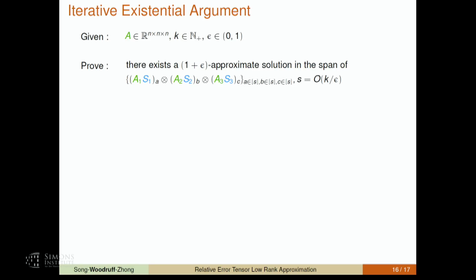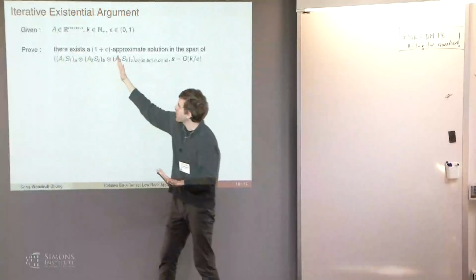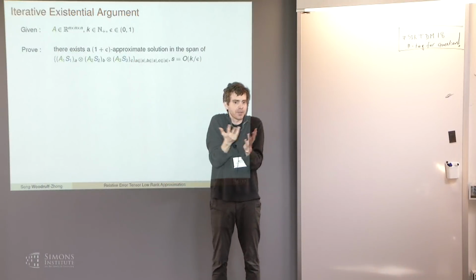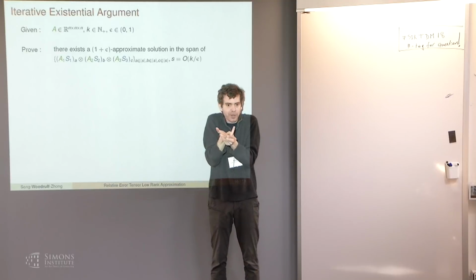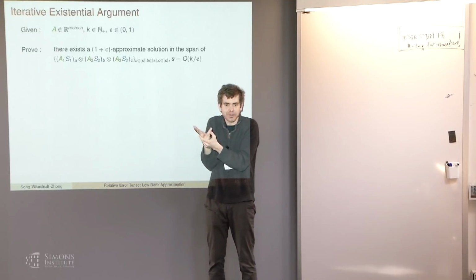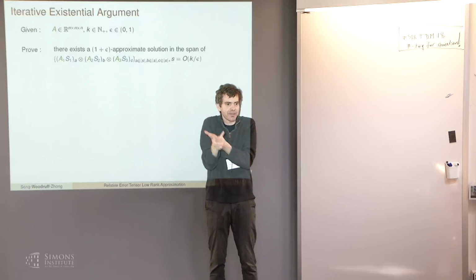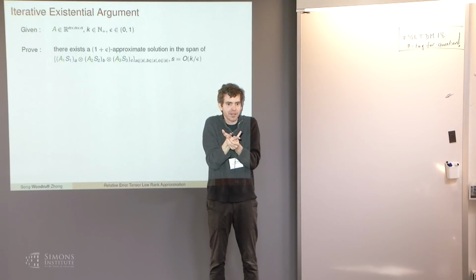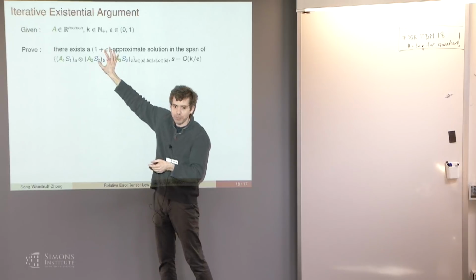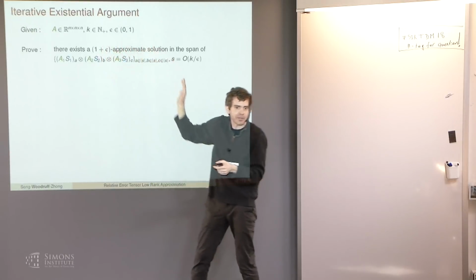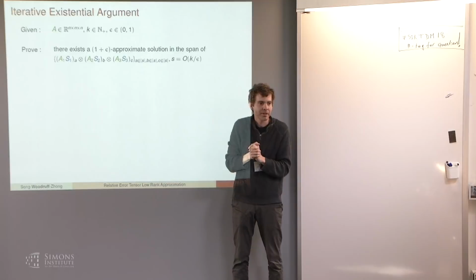I take one of the columns here, one here, one here. There are only s cubed choices. And each one is giving me a rank 1 tensor when I take the outer product of these three. I look at the span of these things, and that contains a good rank k tensor. Good means a 1 plus epsilon approximation to the best rank k tensor.